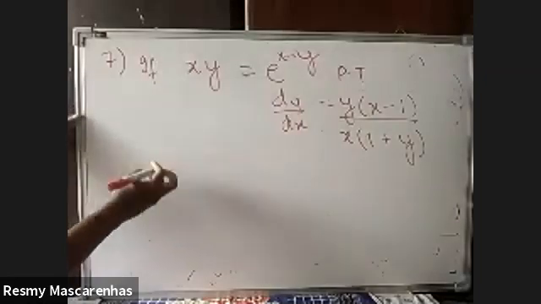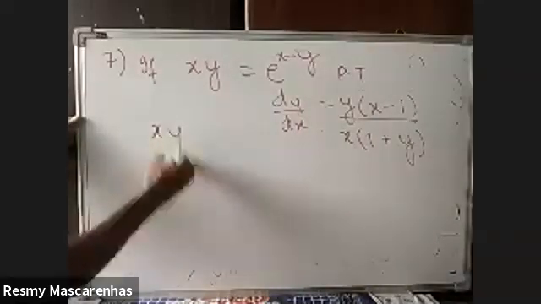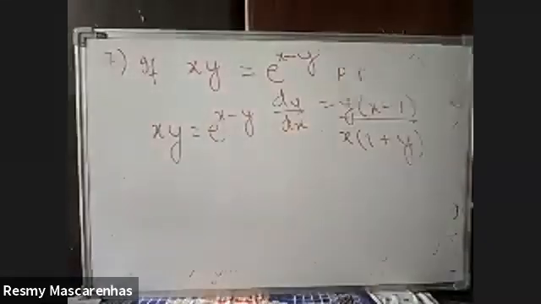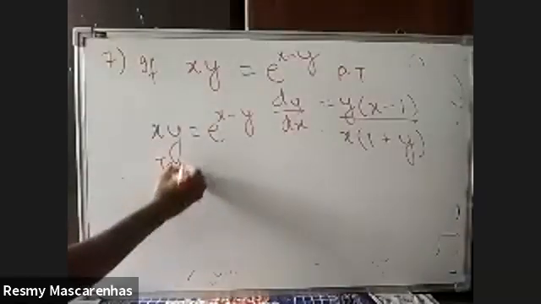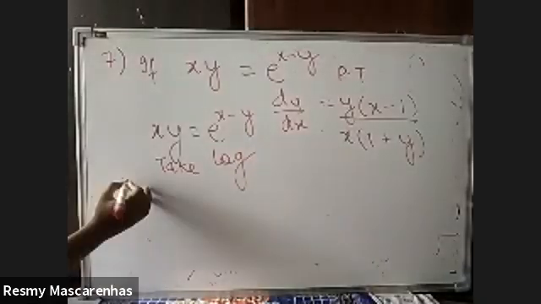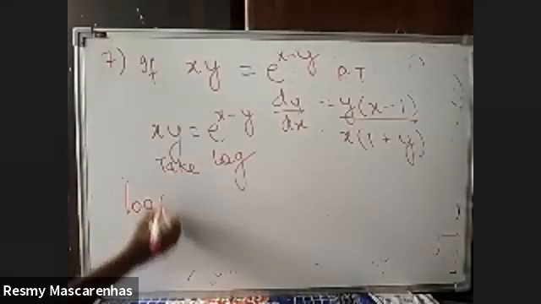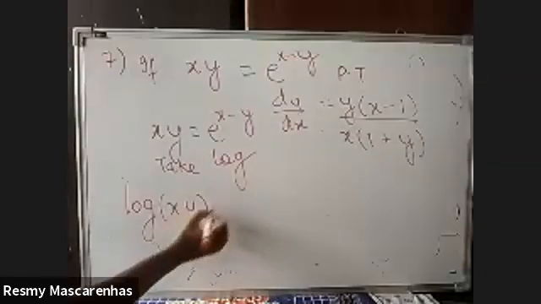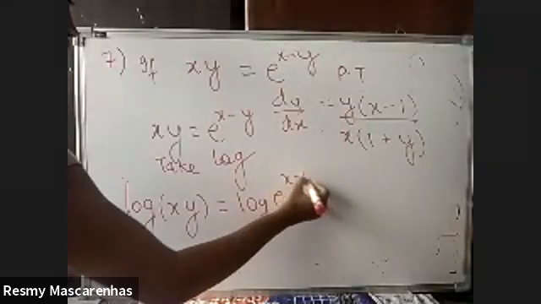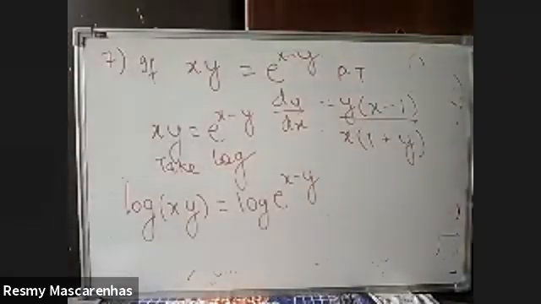Okay, so xy is equal to e raised to x minus y is given to you. So take log. So it will be log of x into y, log of e raised to x minus y.